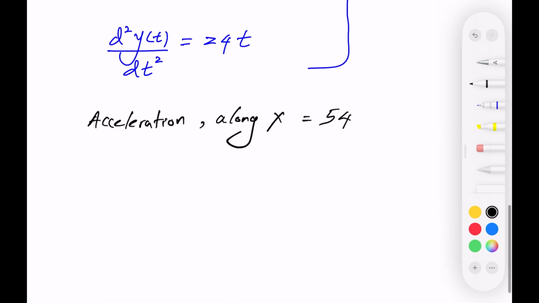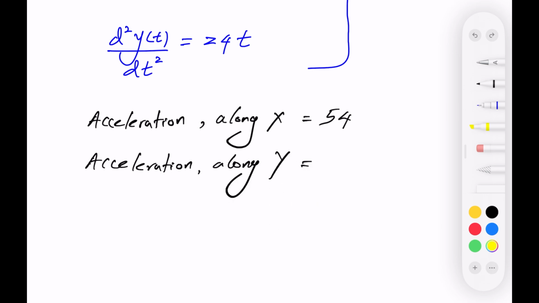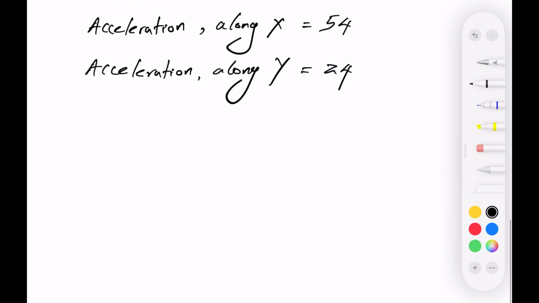And then similarly, we can find the acceleration along the y-axis. In order to find that, I need to substitute t equals 1 in the equation right here. Then it becomes 24.